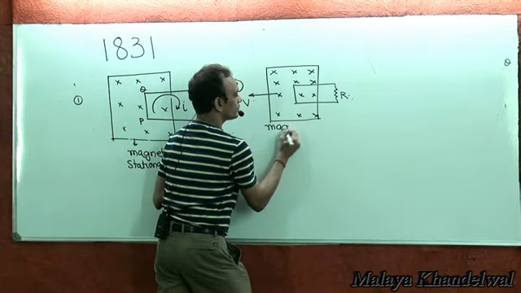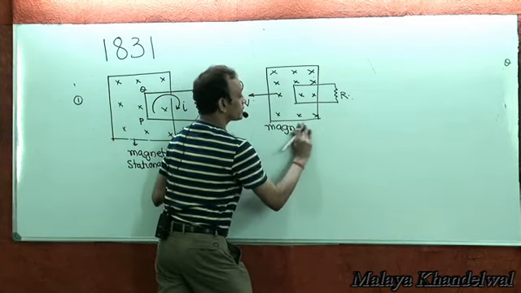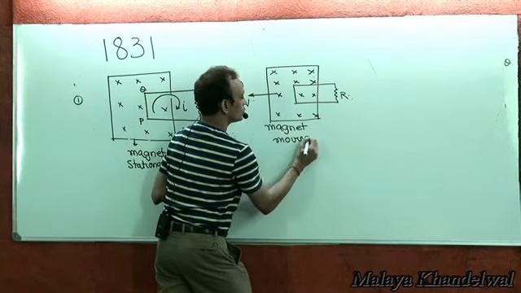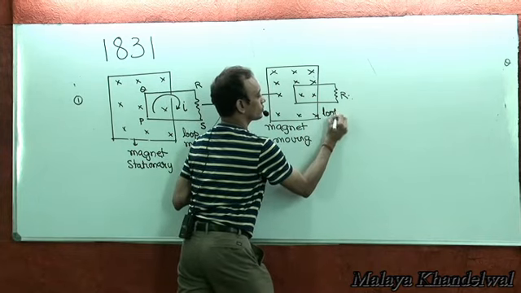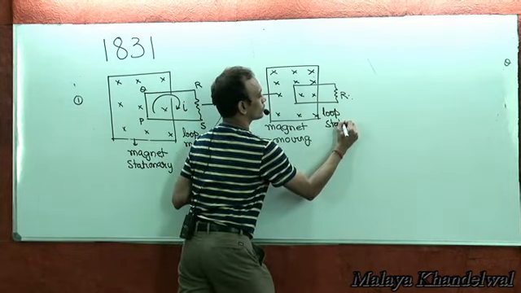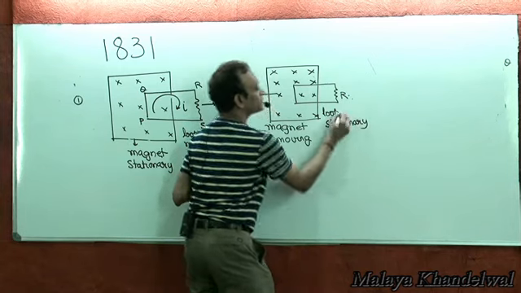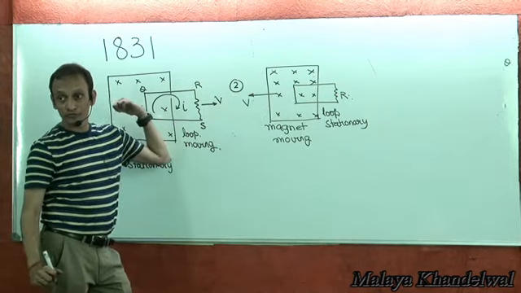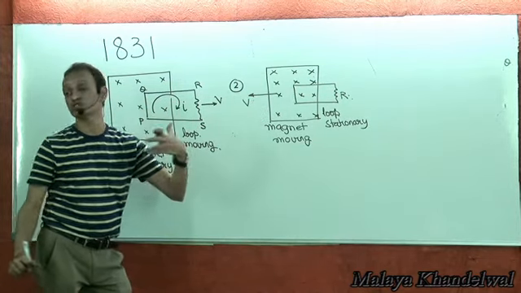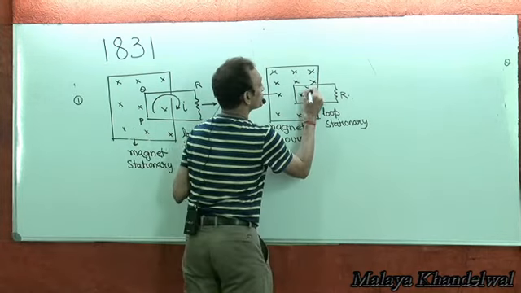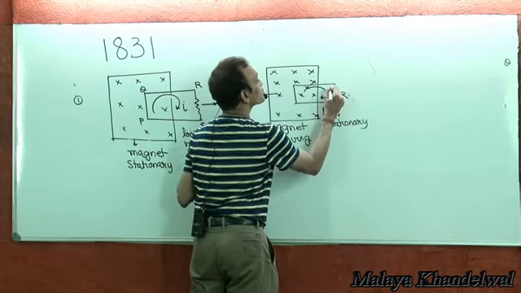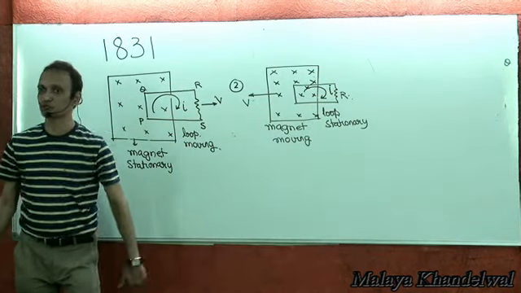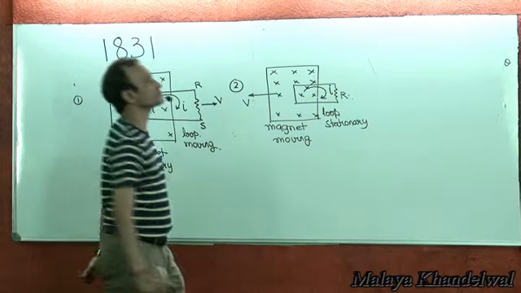Magnet moving and loop stationary. The magnet was moved with a velocity v in this direction and the loop was kept stationary. And he found that the same current I was driven through the loop. That was experiment 2.